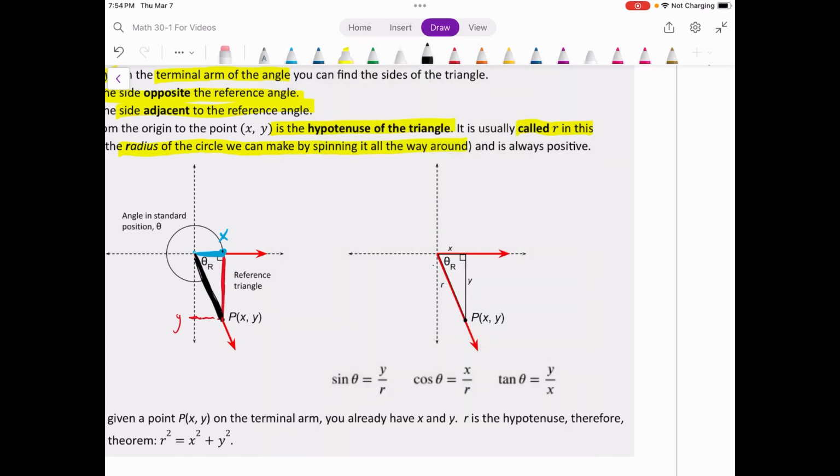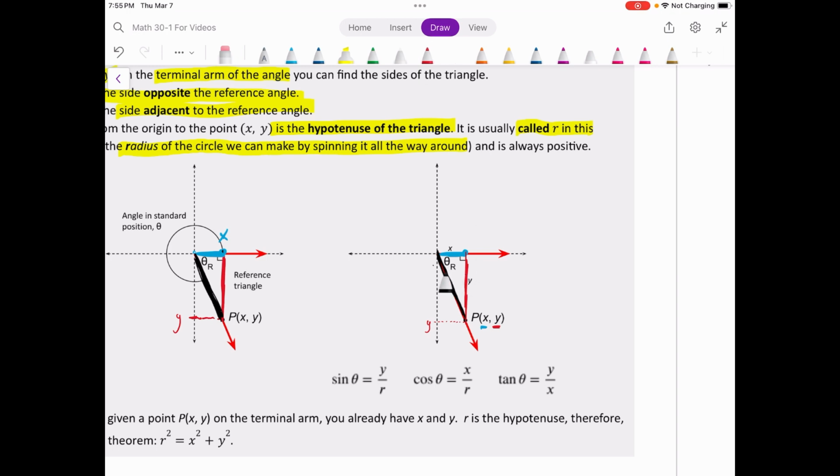Again, if this point has some x coordinate, then if we map it back, that x value now tells me the adjacent side of my reference triangle relative to the reference angle, okay? This opposite side is just going to have the same value as whatever the y coordinate of that point on the terminal arm is, right? And then the hypotenuse will just be this r here, okay?